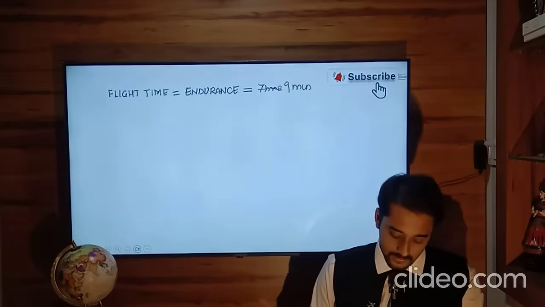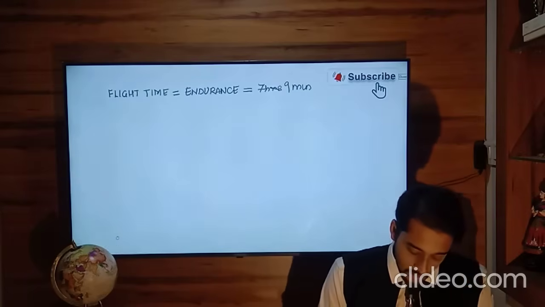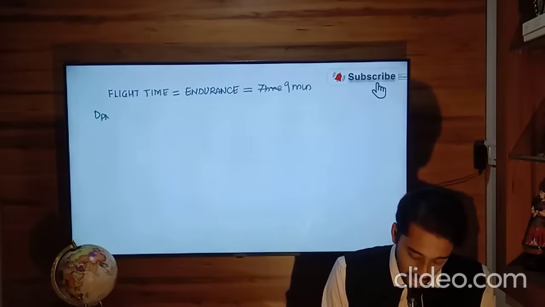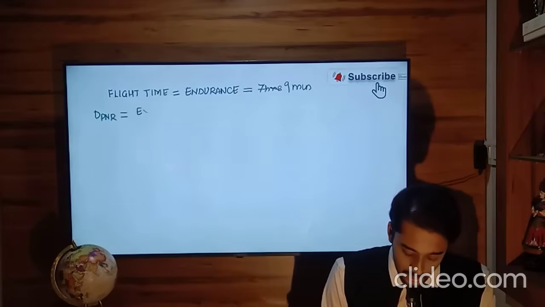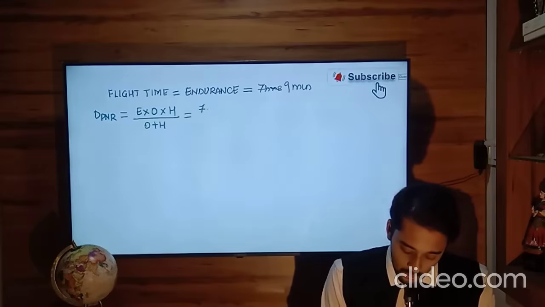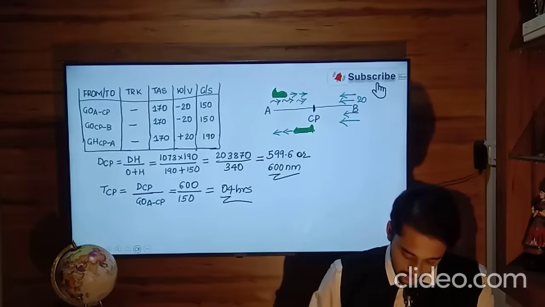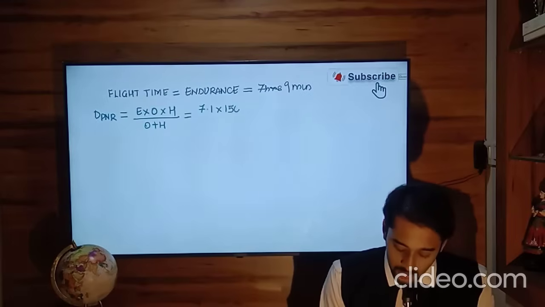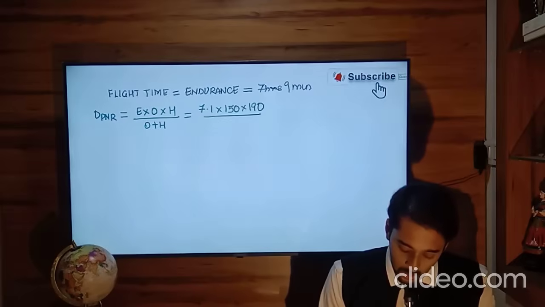So in that case, let's rewrite the formula. Distance to PNR is endurance into outbound speed into homebound speed divided by outbound plus homebound. So 7.1 into outbound speed is 150, homebound speed is 190, 150 plus 190.